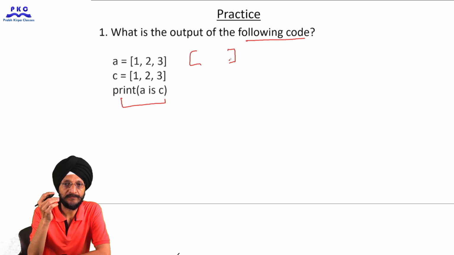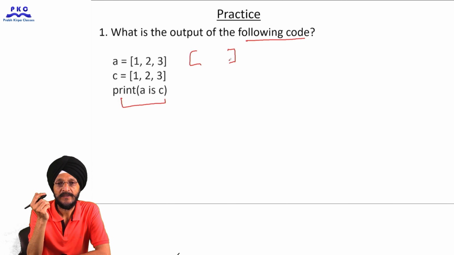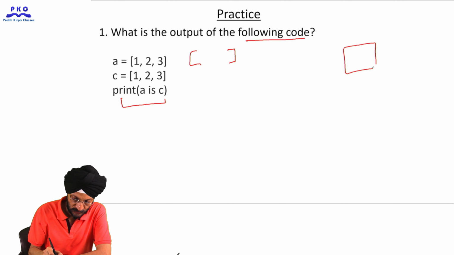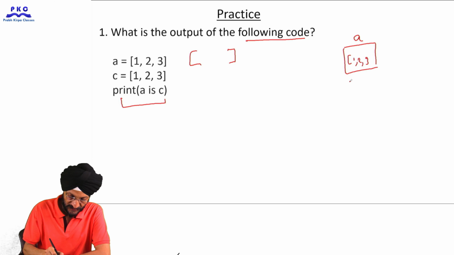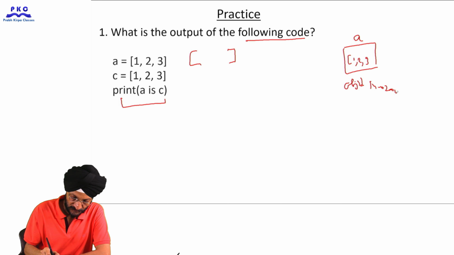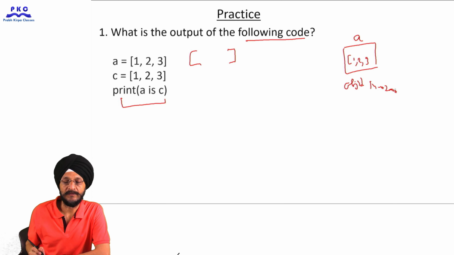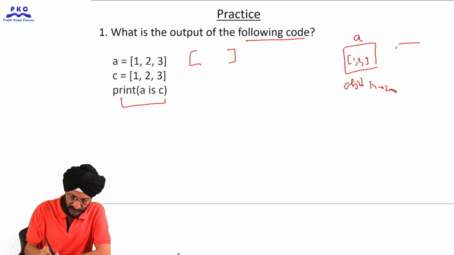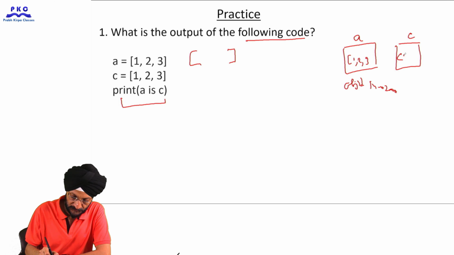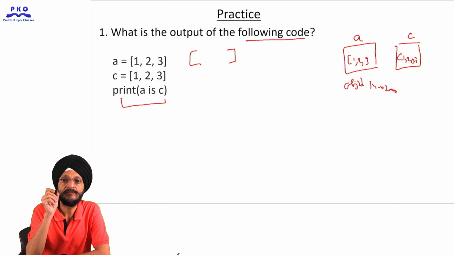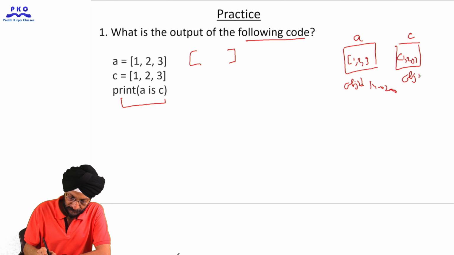In the case of lists, each assignment creates a new object in the memory. It means that suppose this information is contained here and it is a variable a, and its object ID may be say something like this, 14,200. But when we create another list with the same values, the object ID will be different.